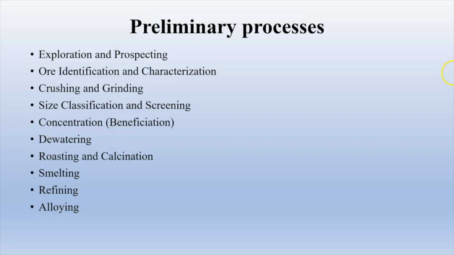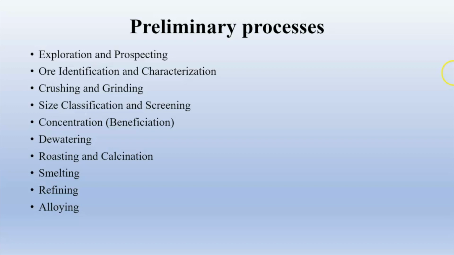The concentration involves the separation of valuable minerals from the gangue through various methods, namely leaching, gravity separation, magnetic separation, froth flotation, etc. After concentrating the ore, the slurry may contain excess water, so we must remove the excess water content. Dewatering is used for removing the water content from the concentrated ore in order to give a dry, transportable material.